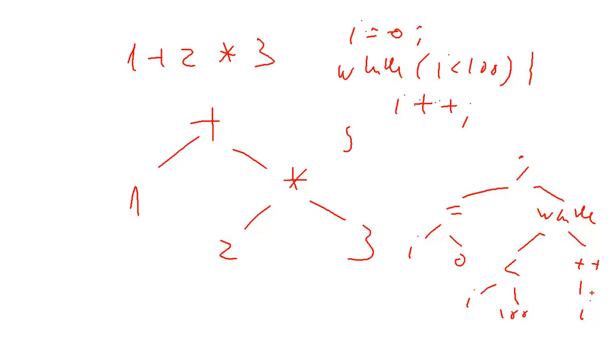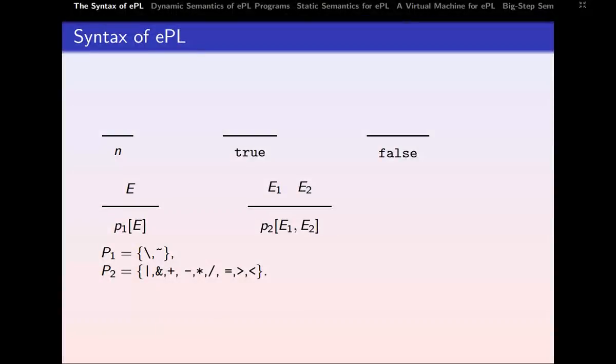So we're going to talk a little bit more about this issue in a minute. But what I want you to understand when we look at these rules is that when I write P2 applied to E1, E2, I might as well have written E1 P2 E2, where P2 is the corresponding binary operator: E1 plus E2, E1 star E2, E1 and E2, and so on.